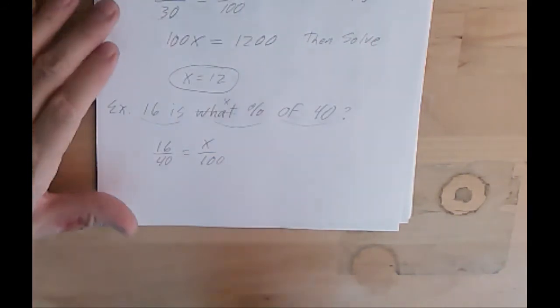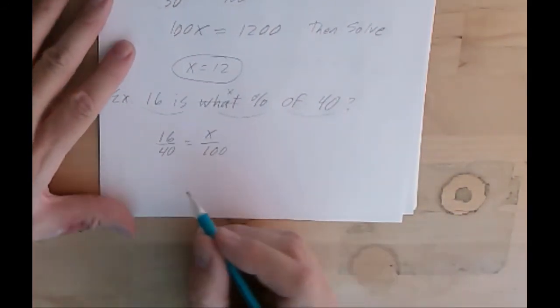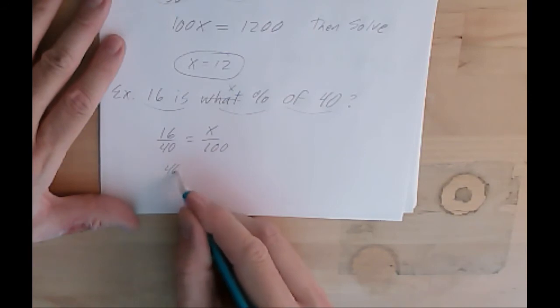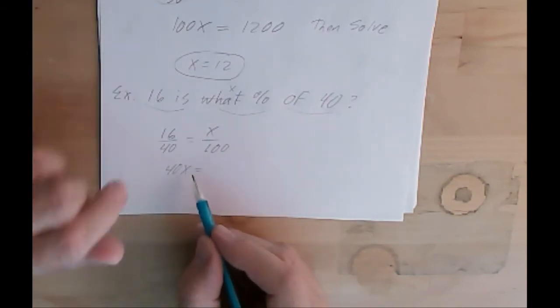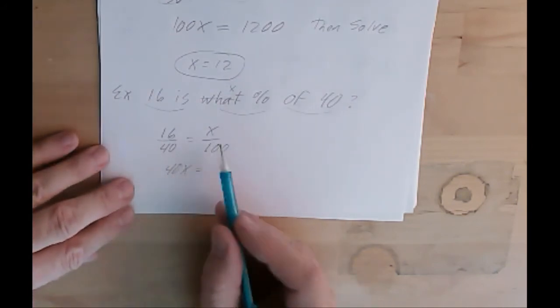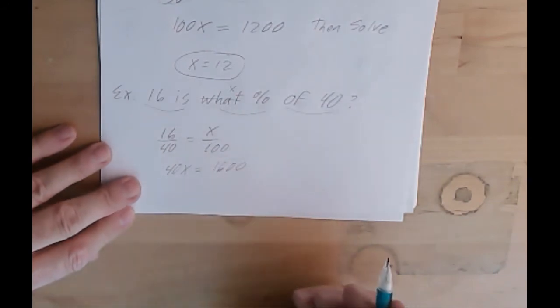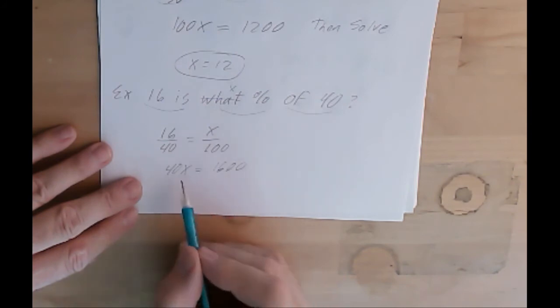Okay, so let's see. Cross multiply. What do I get when I cross multiply? I'll always pick the x direction first, because I like to have my x on the left of my equation if I can.